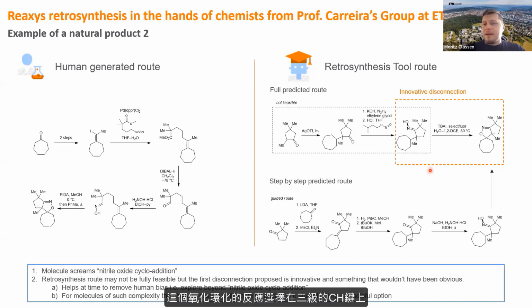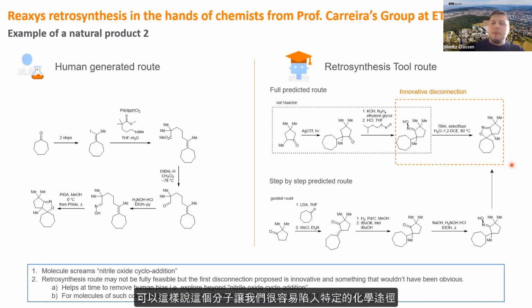This oxidative cyclization of oximes on tertiary CH bonds is actually a well enough precedented reaction that this is probably a very feasible try in the lab, but we were simply not aware of this. So the program sort of removed the bias here on even a molecule where we would have said that it very much puts you into one corner of chemistry. So we are really delighted to find this, because this was really nice.